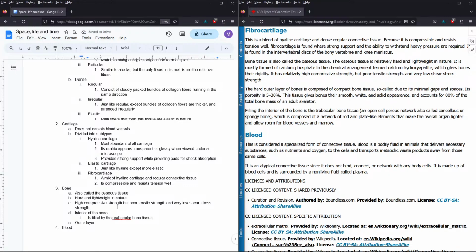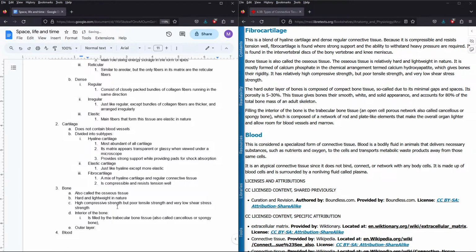Open cell porous network, also called cancellous or spongy bone. I probably shouldn't misspell that. There we go. Bone tissue, also called cancellous or spongy bone. I like the last one most. Spongy bone.